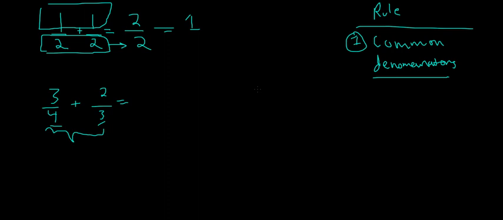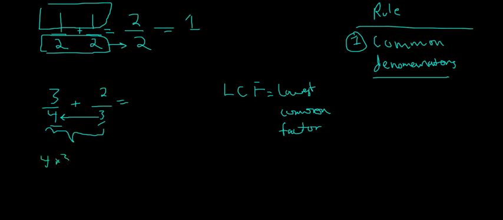Now we look at the LCF, which stands for the lowest common factor. An easy way of doing that is just multiplying these two numbers. So what's 4 times 3? Equals 12. And in this case, it is your lowest, but not all the time you'll get the lowest. In this case, it is lowest because that's the only number it goes to.